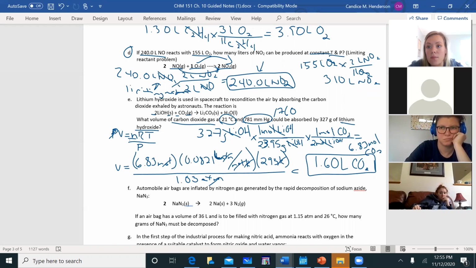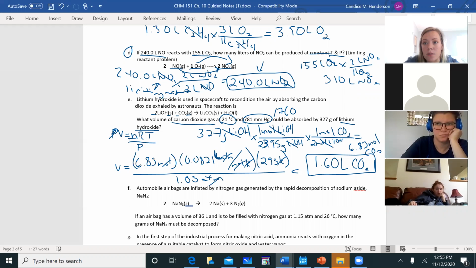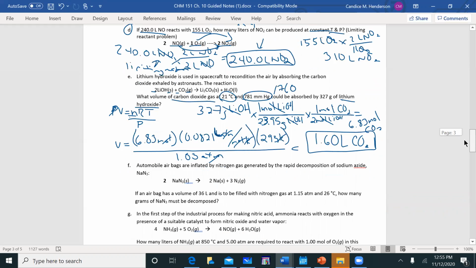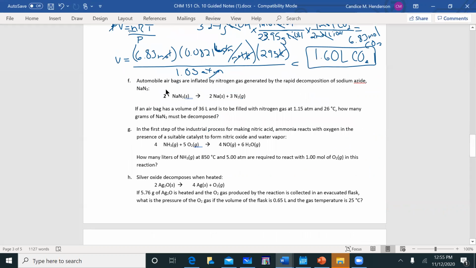All right, let's try some other word problems. So an automobile airbag is inflated by nitrogen gas at a rapid decomposition of this sodium azide. So we've got sodium azide, it's in the airbag, and it will decompose into sodium and then the N2 gas. The N2 gas is what's that rapid filling up of your airbag.